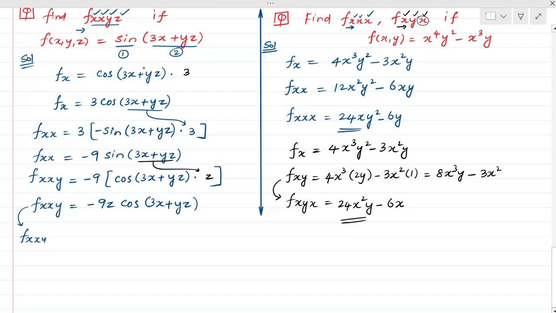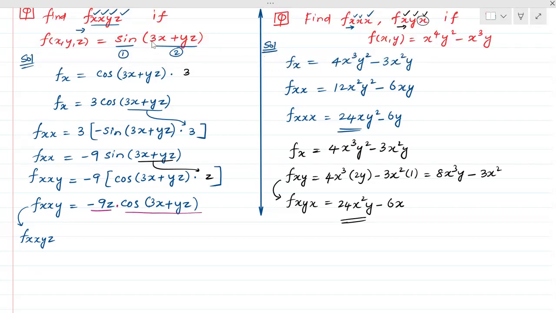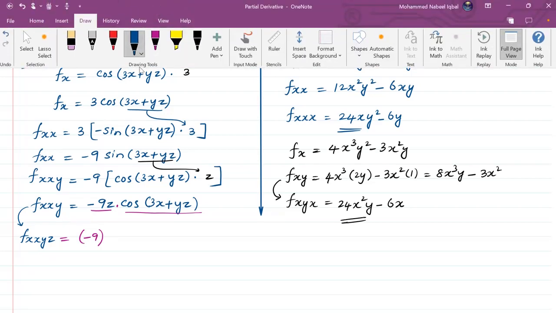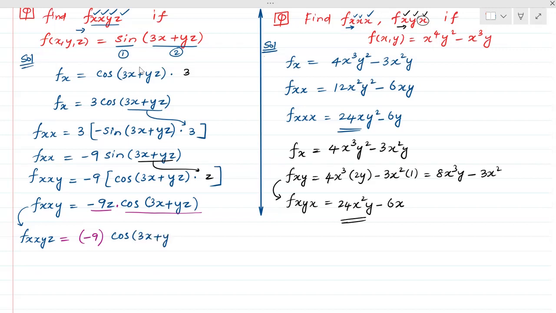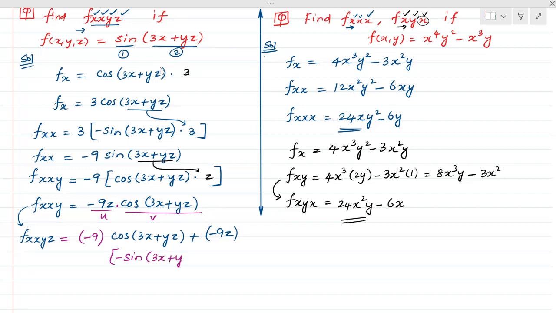Since there is a z term in two places, we have this one as u and this one as v, so we use the product rule: u prime v fixed plus u fixed v prime. Differentiating minus 9z gives minus 9, with cos(3x + yz) fixed. Plus minus 9z fixed times the derivative of cosine, which is minus sine(3x + yz). For the inside by chain rule, the first part has no z term, 0, and in the second part z becomes 1, so you get y.